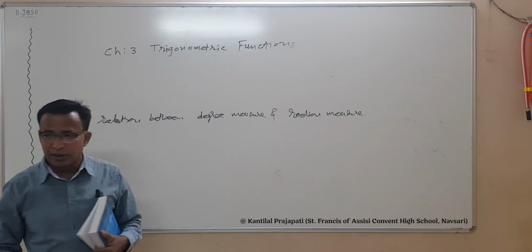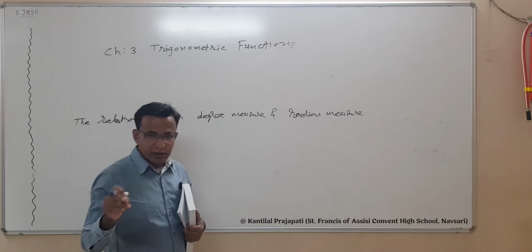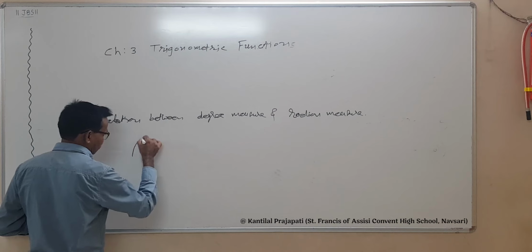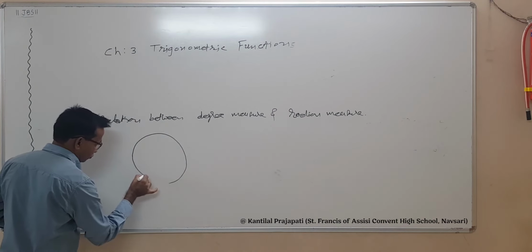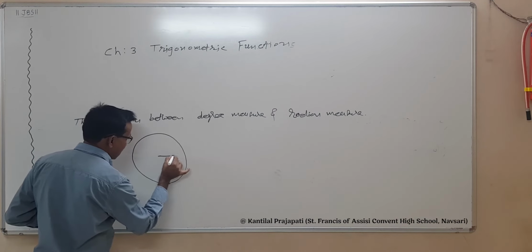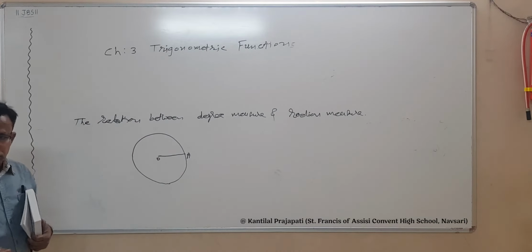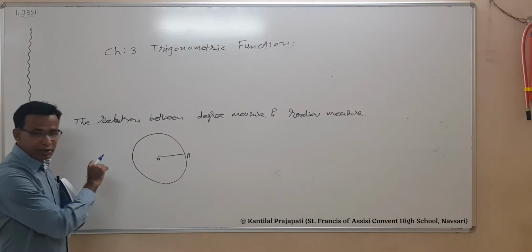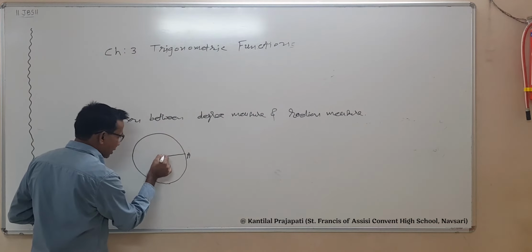We consider the unit circle again, with center O and point A. We have defined the degree: one complete revolution gives 360 degrees.